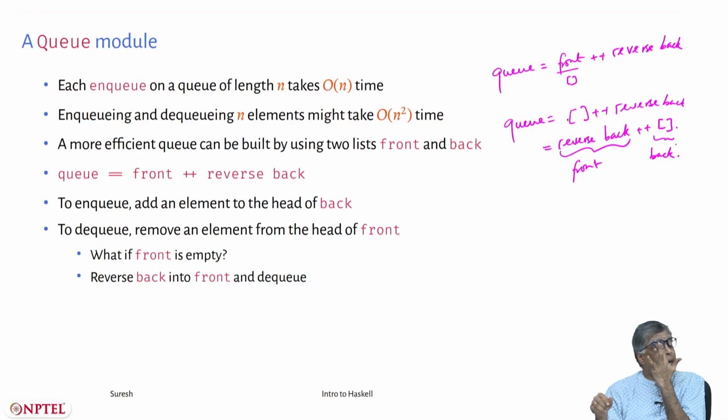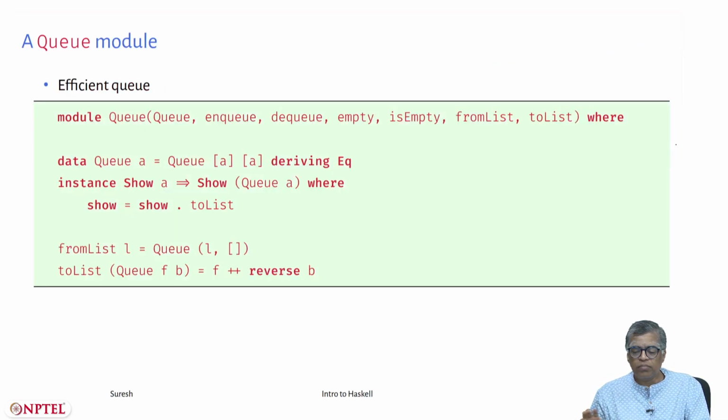Okay, so this is the idea. At any point of time when front becomes empty, you can reverse the entirety of back into front, and then you try to do the same DQ. So the code now becomes this.